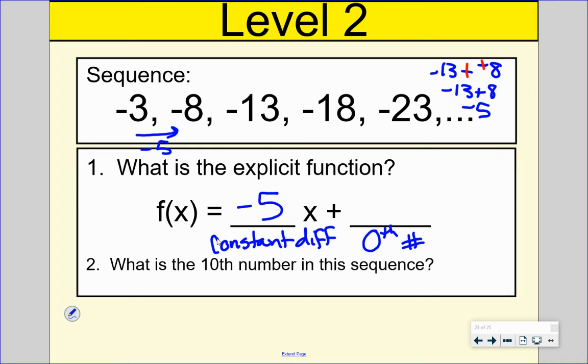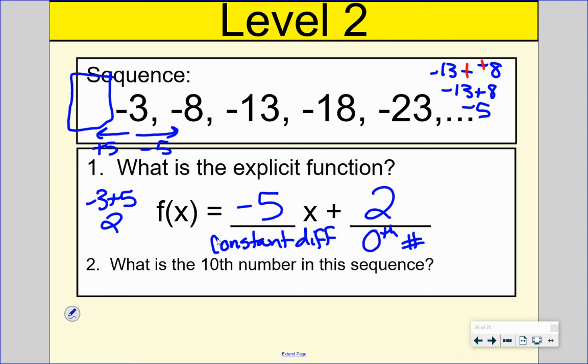So to find our 0th number, we come to our first term and do the opposite and add 5. So the number that would be right here in the beginning, our 0th number, is -3 plus 5, which is 2.